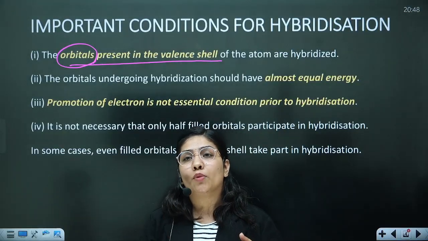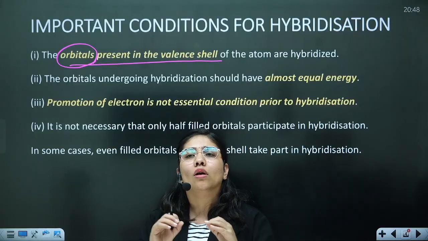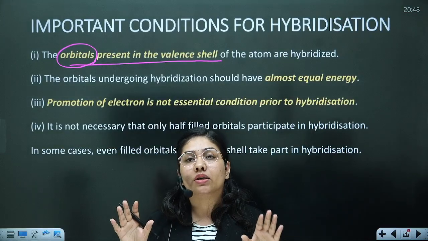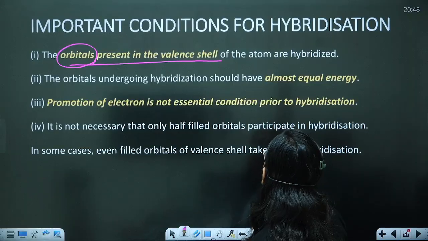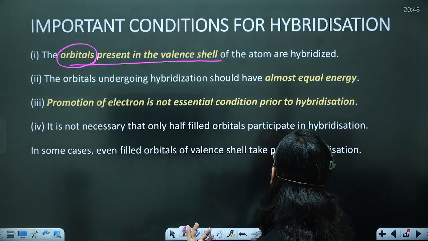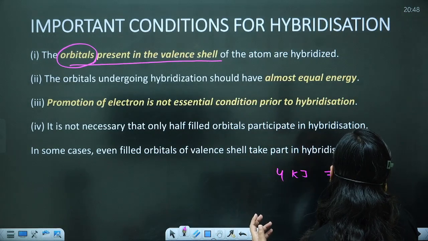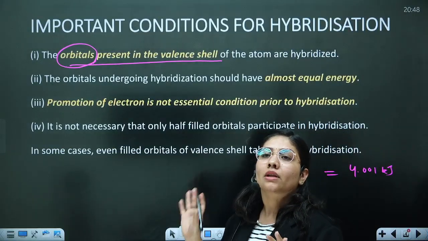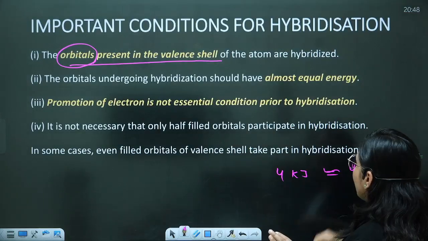Coming to the second point, the orbitals undergoing hybridization should have almost equal energy. They are not saying equal energy, but almost equal. If someone has 4 kilojoule of energy and somebody has 4.001 kilojoule, it is just a general discussion, so it is not equal, it is almost equal.